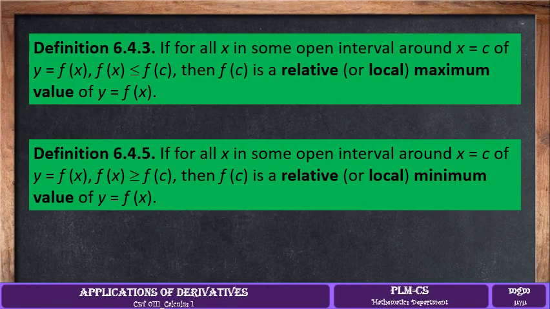In our definition, it says that there has to be an open interval for which the relative maximum value occurs. In other words, we must be able to construct an open interval I that is going to be a subset of the domain of that function.